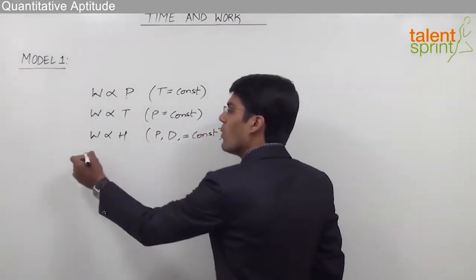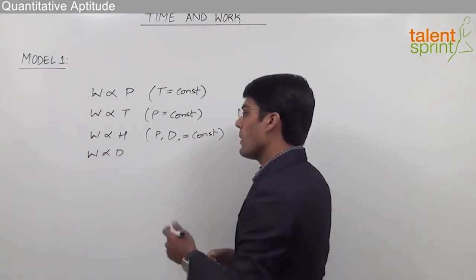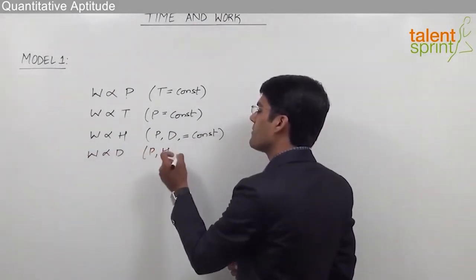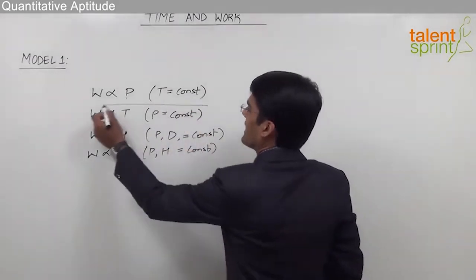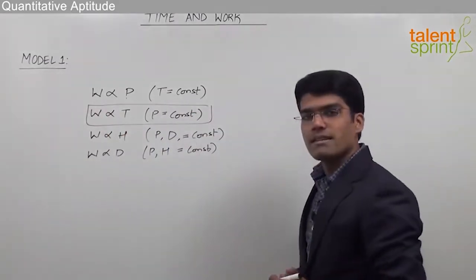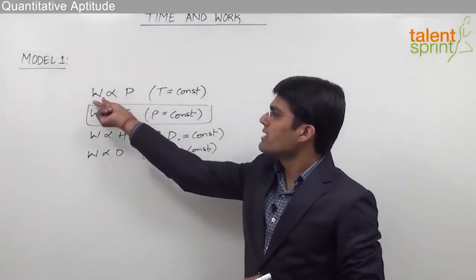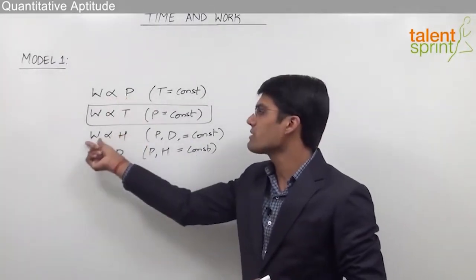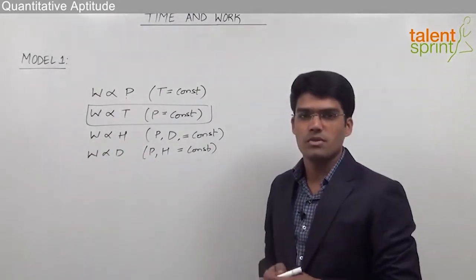And similarly, work is proportional to the number of days for which you work when the number of persons and number of hours per day are constant. So if the time is classified as number of hours and number of days, then we have these three relationships. That is, work is proportional to number of persons, work is proportional to number of hours per day, and work is proportional to number of days for which you work.